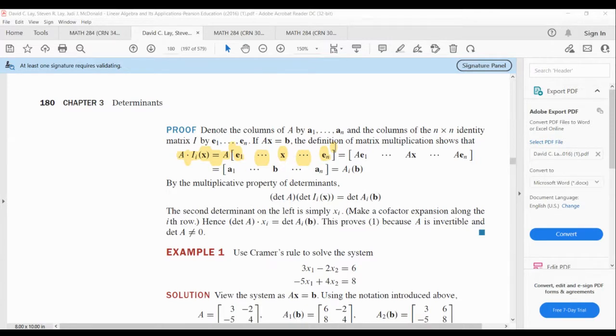But you learned in terms of matrix multiplication that you could represent this matrix product this way, with a matrix with those columns.